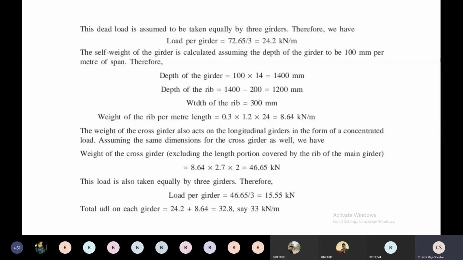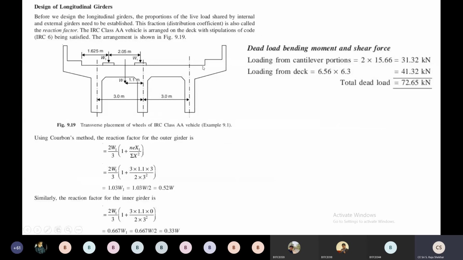The load from the two cantilever portions plus the total load coming from the deck slab has to be taken by these 3 longitudinal girders. So we have to distribute the total load equally among the 3 longitudinal girders, because the dead load will be considered a uniformly distributed load.